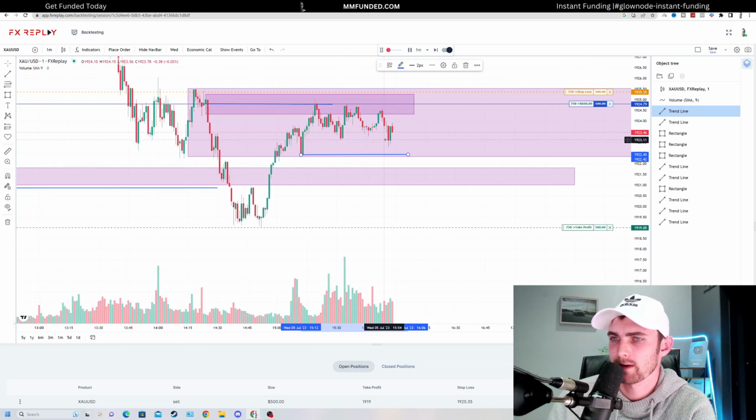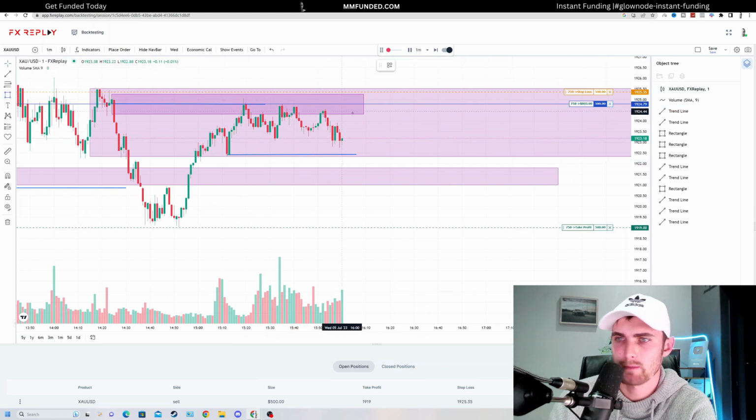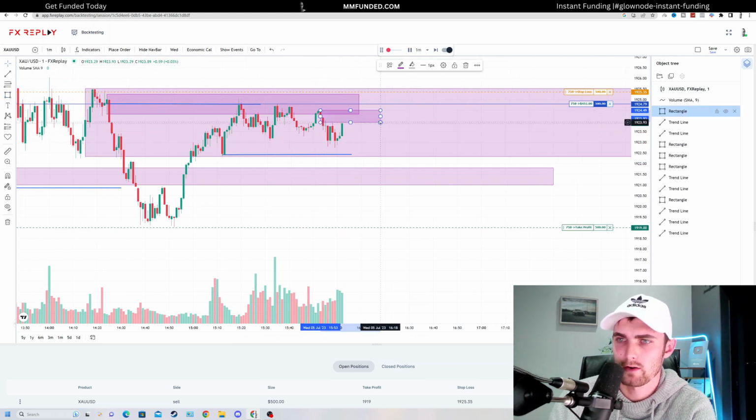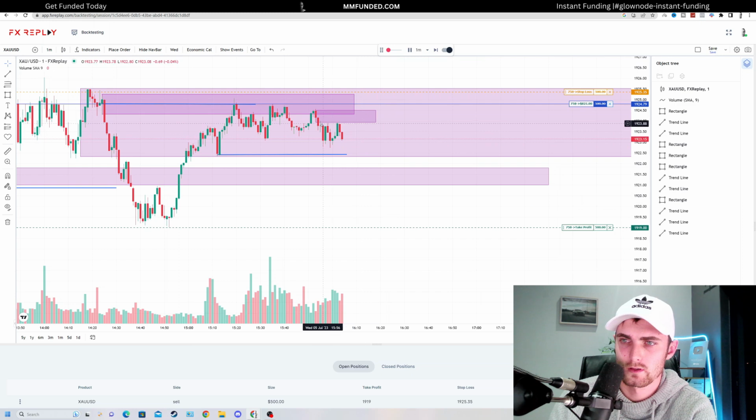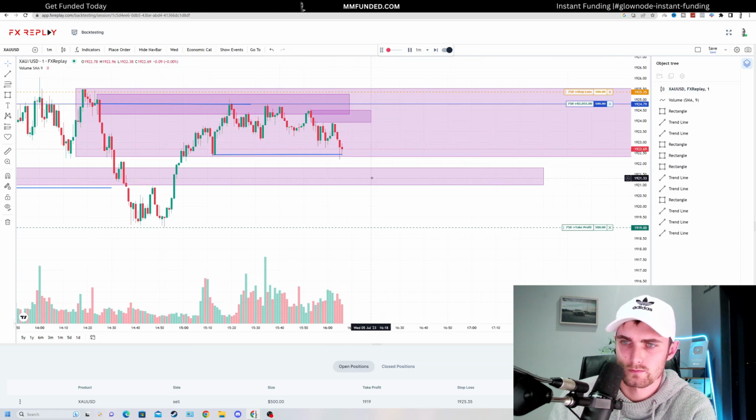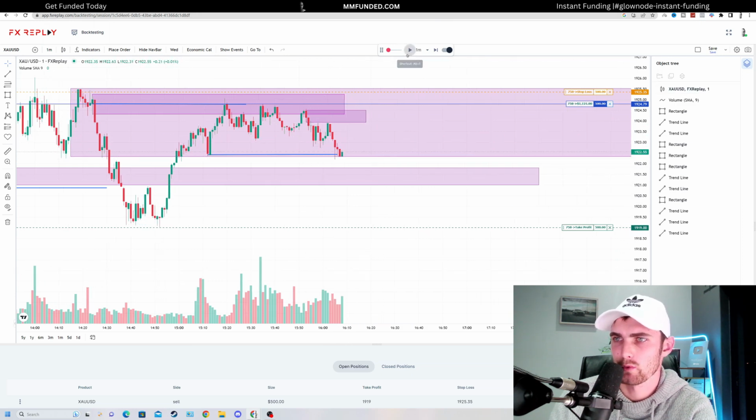And there's that change of character we also wanted, so we can now perhaps see price react to areas of supply over here. Okay, let me just pause there. We've now had that break of structure to the downside, so I'm going to move stop loss to break even.